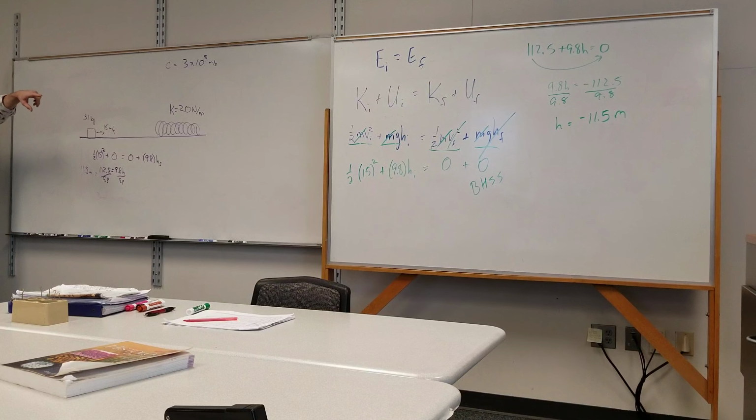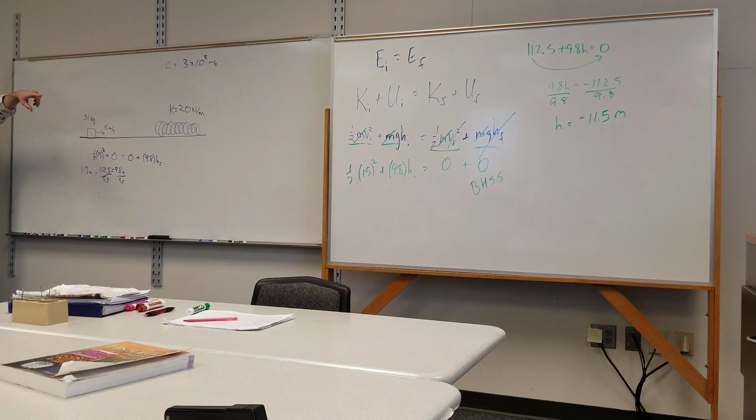The back end is not going to fall. It's not going to hit the spring and go flying. The spring is just going to compress. So what are the forces acting on the mass when it hits the spring? Normal force. There's another force.